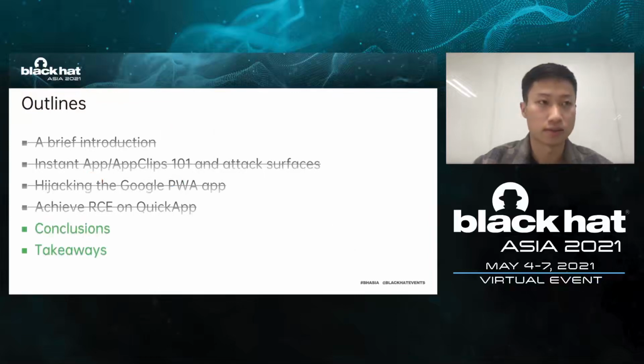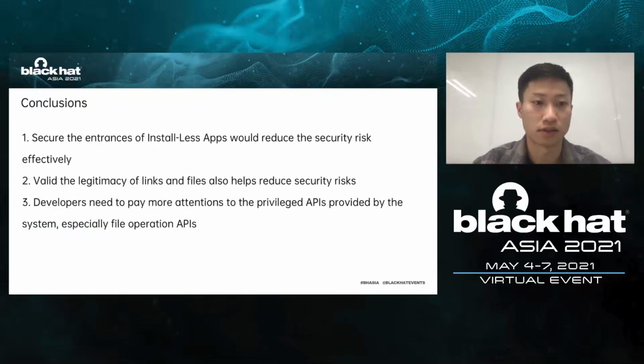And last, the main content of our talk is over. Here is the summary and takeaways. First is conclusions. We make three suggestions for developers. The first is that securing the entries of instant apps would reduce the security risk effectively.